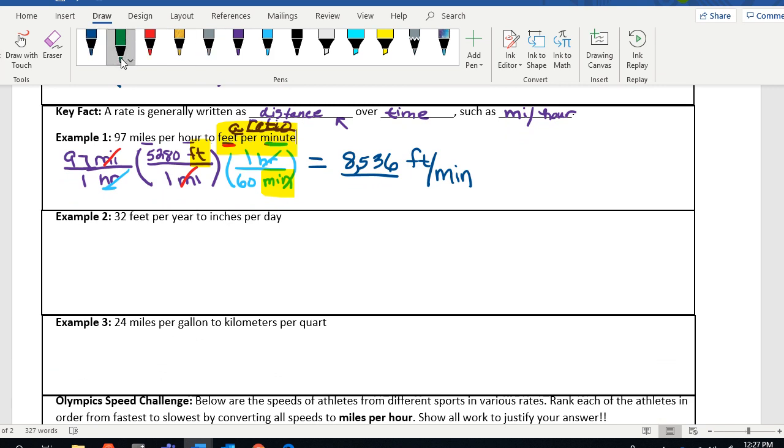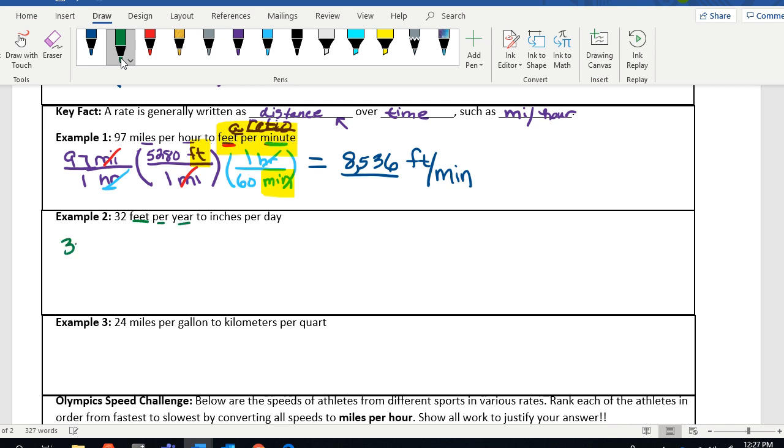Let's keep going. All right, we have 32 feet per year to inches per day. This might be something like erosion taking place or something like that. That's where you would see distance per time.